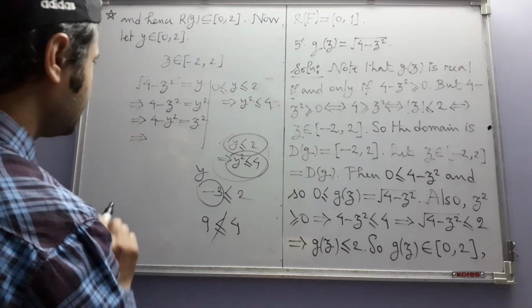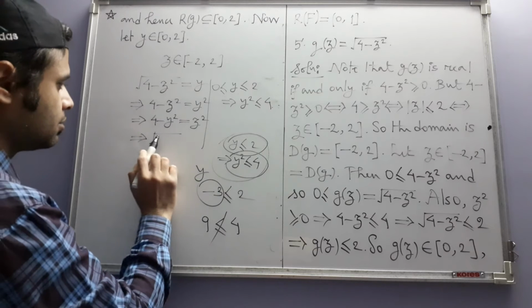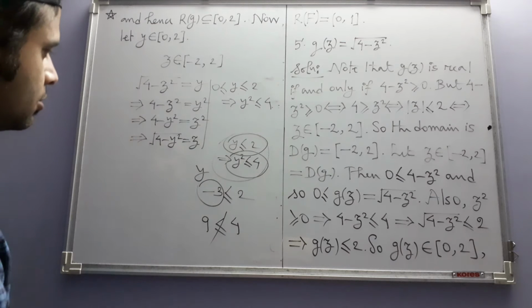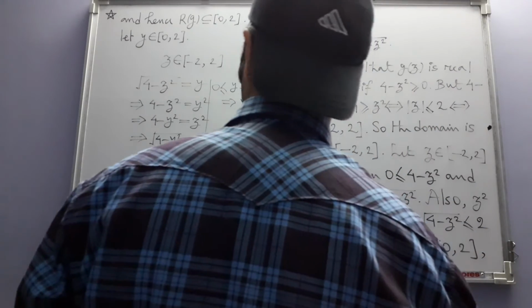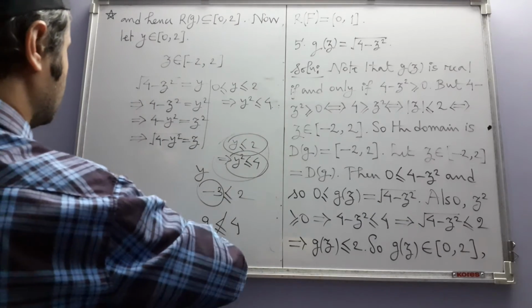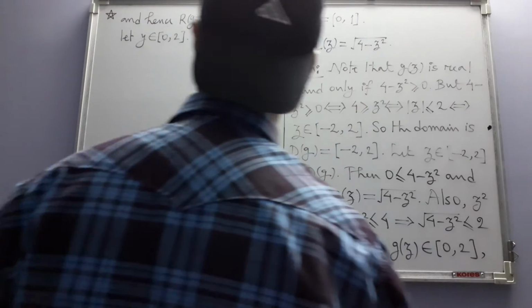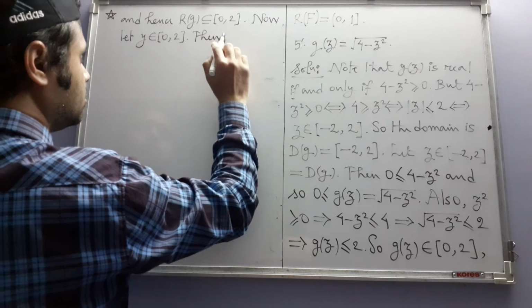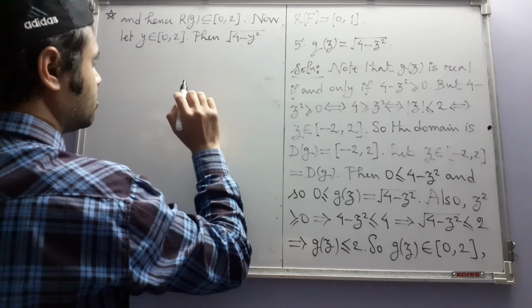So that means we can take square root, and taking square root, of course, we will get two things, but it's enough we take the positive one. So root 4 minus y square is our pre-image. Then square root of 4 minus y square.